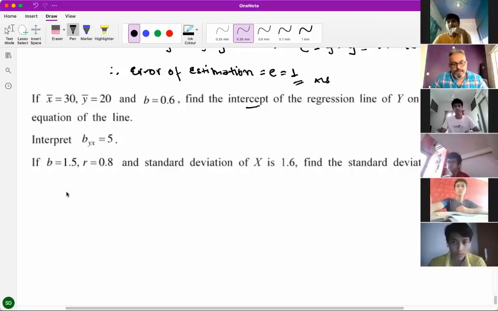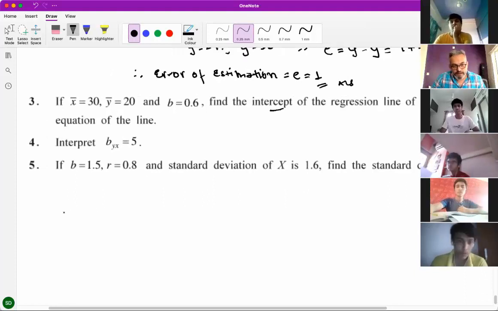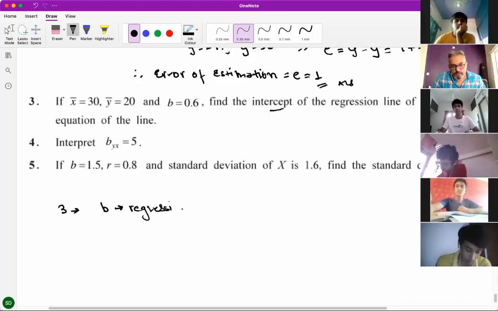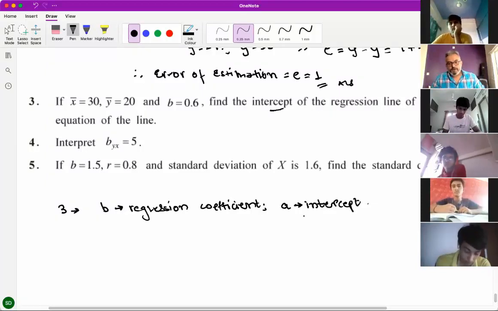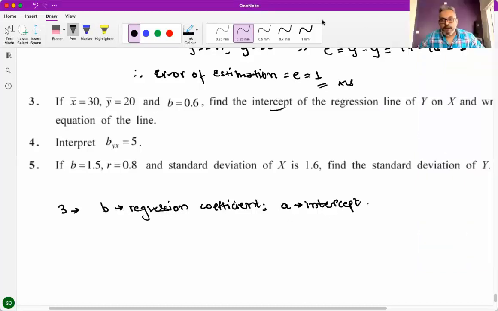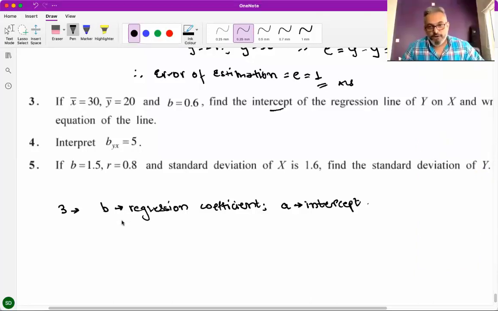B, that is b y x, is known as the regression coefficient, and A is known as the intercept. Understood this? Now, there is also a question, what do A and B denote? So for that you have to write this answer only.